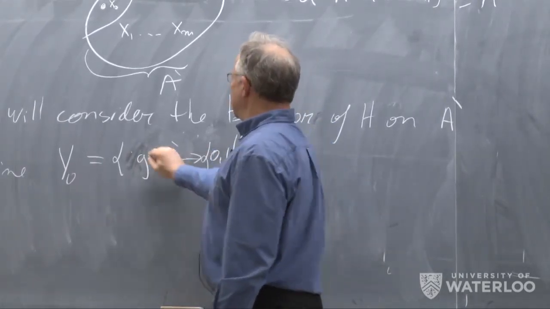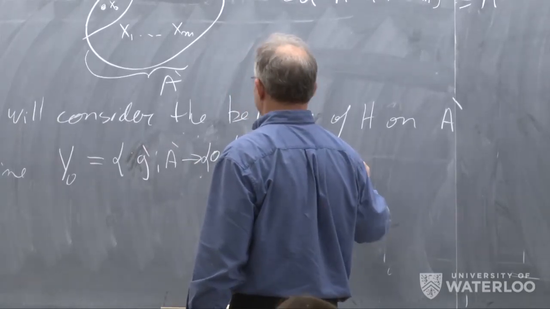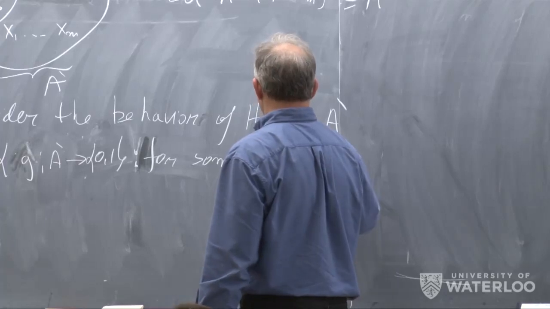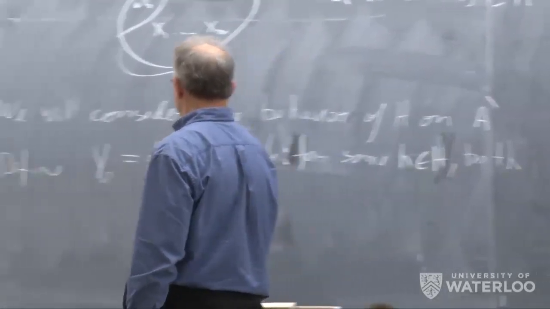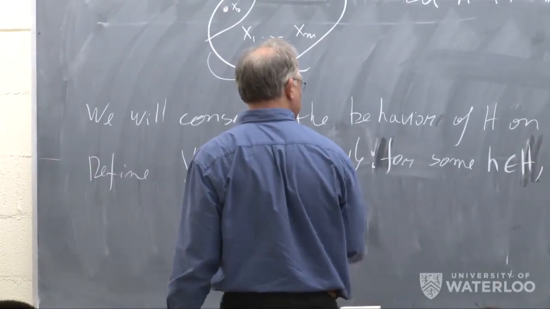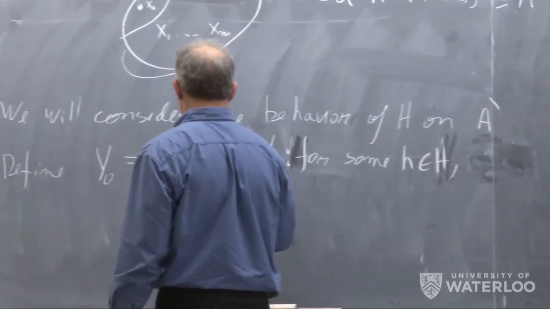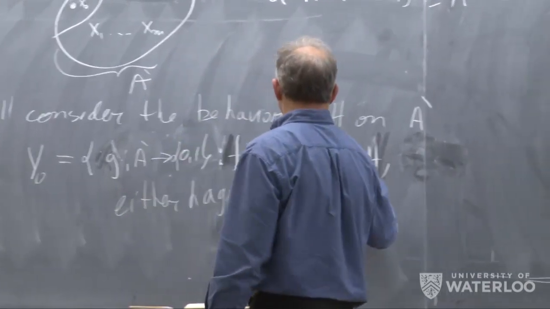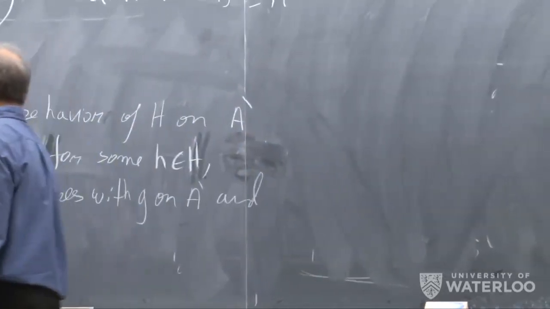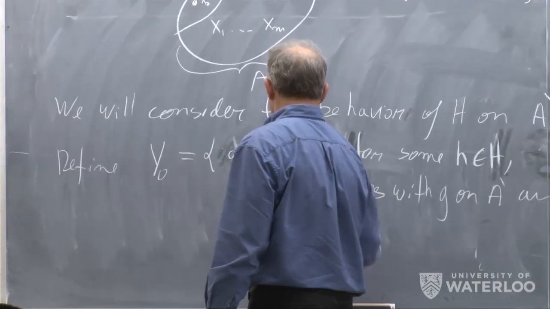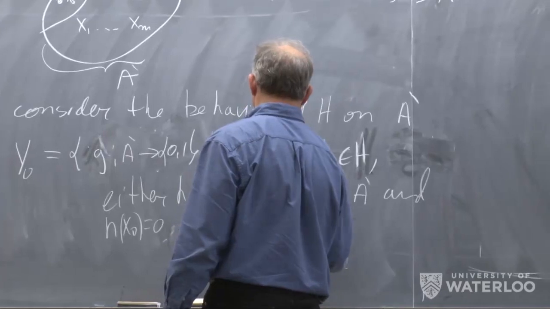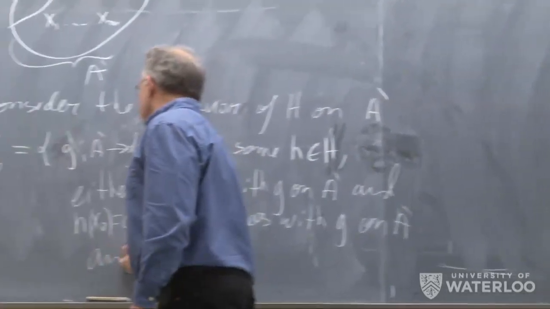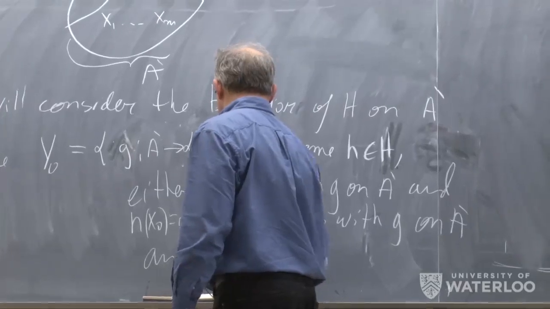For some H in capital H, either H agrees with G on A prime and H of x0 is 0, or H agrees with G on A prime and H of x0 is 1.